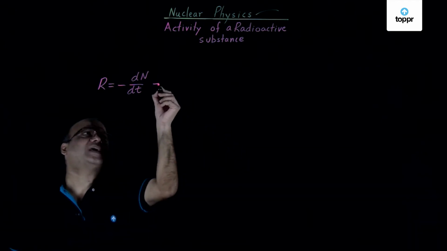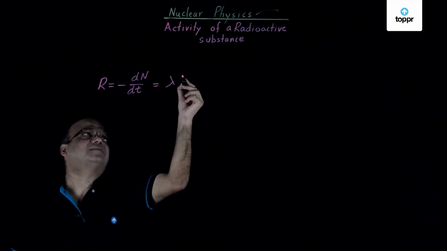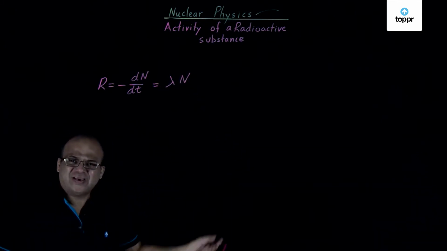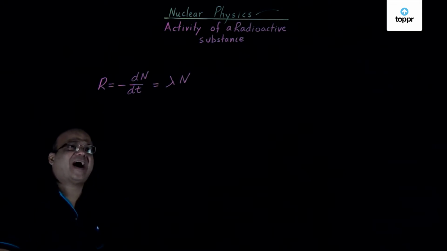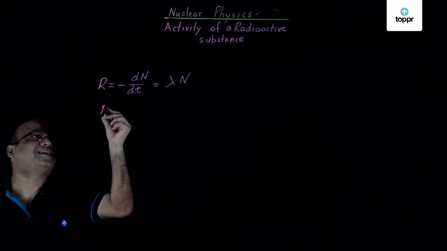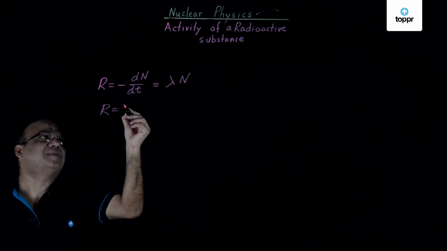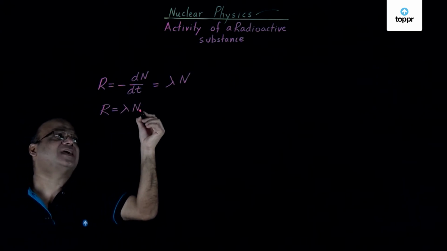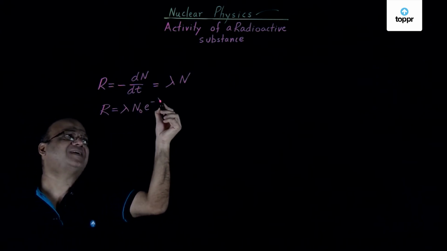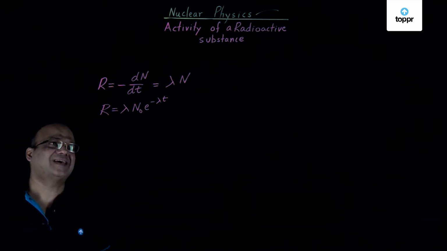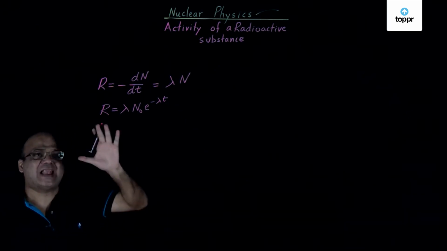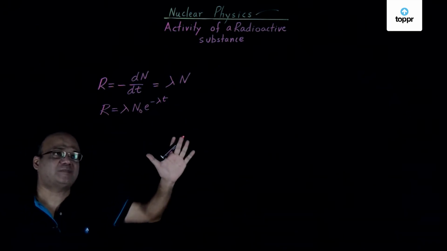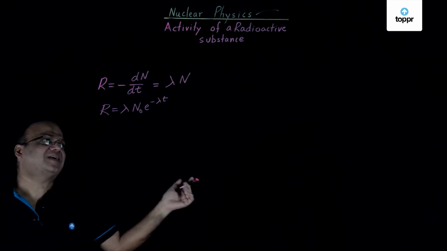And this we know is lambda N. So what is R? R is lambda N. But N is N naught e to the power minus lambda t. Therefore, R becomes lambda N naught e to the power minus lambda t.